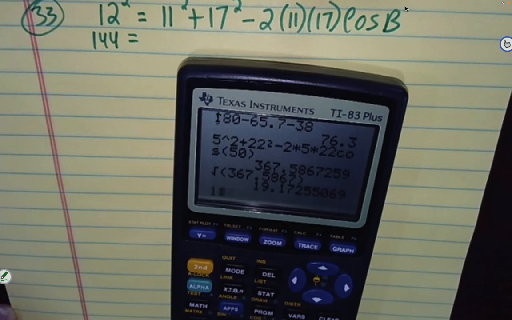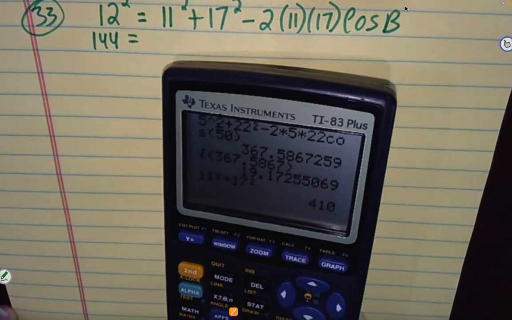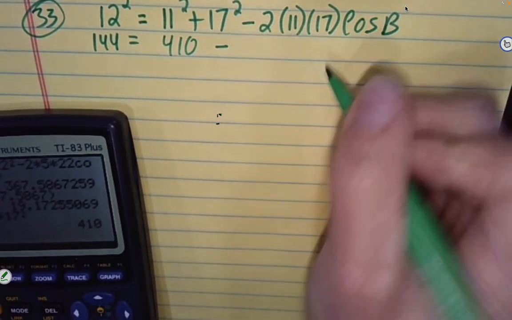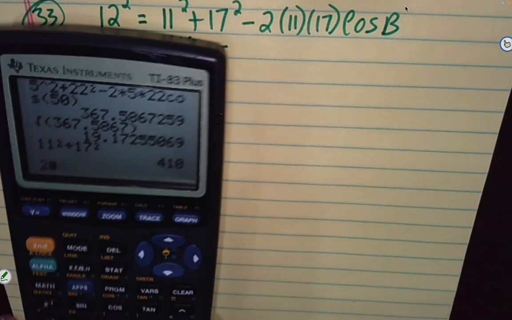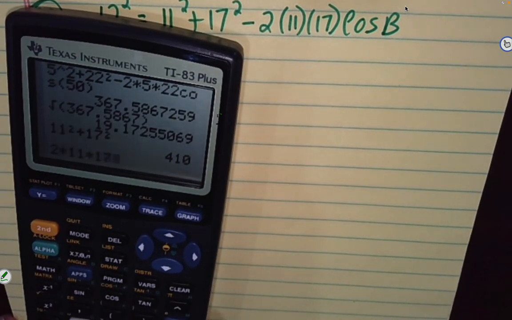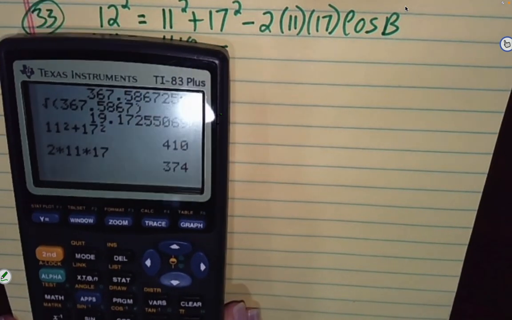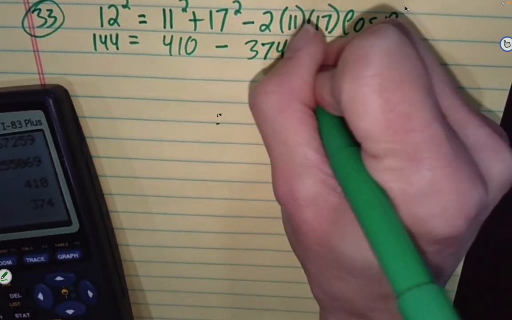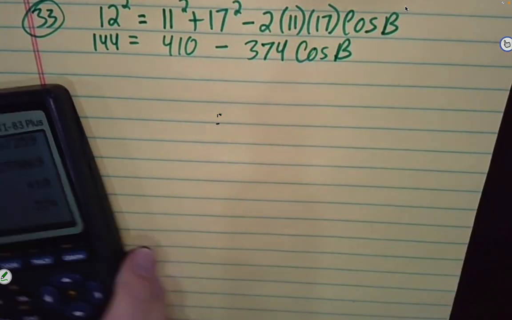So I'm going to type it in my calculator. 11 squared plus 17 squared. That is 410 minus, let me find 2 times 11 times 17, 374. And then next to what I'm trying to find.